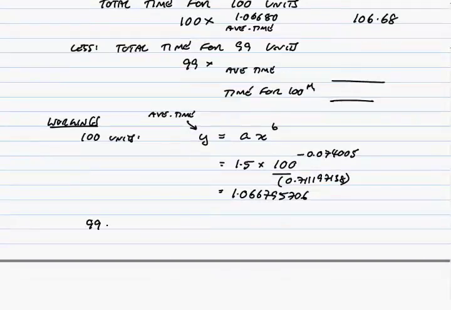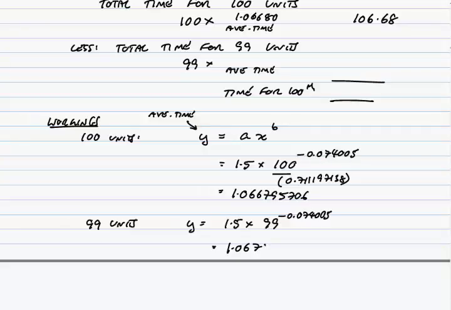Similarly, if we're making 99 units, the average time y, a, the time for the first, x, the number of units, to the power b, so 99 to the power negative 0.074005. It comes to 0.7117. Multiply by 1.5, and I get 1.067589458.